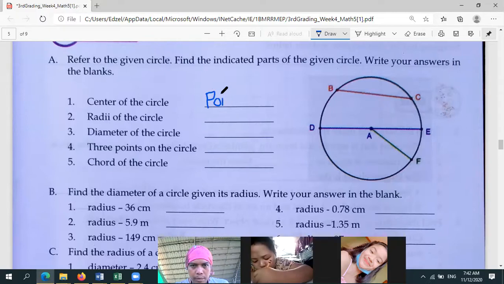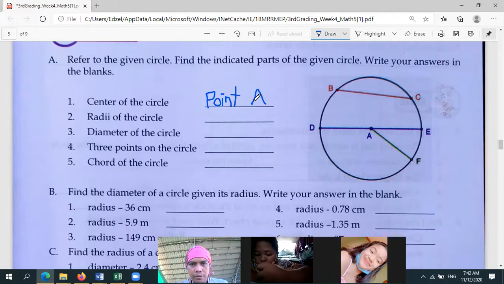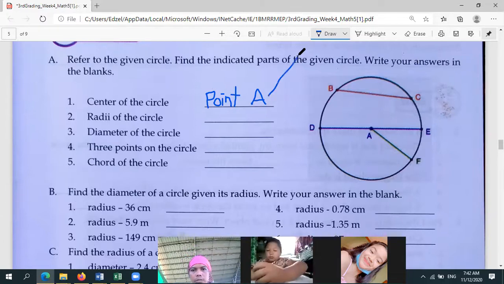Bear with me, I write slowly. The word point, then A. Then, a point always uses a capital letter. A. Point A. So that's the answer, center.